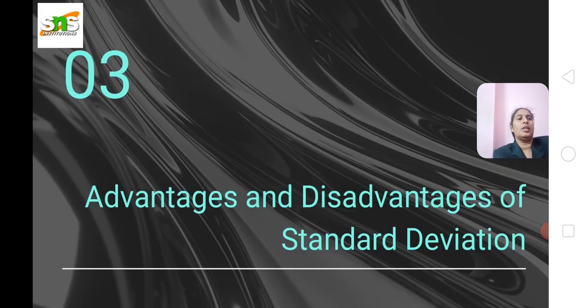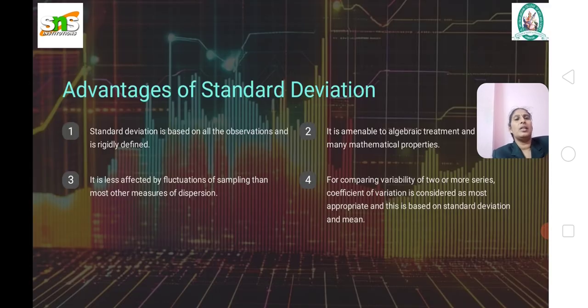Next, what are the advantages and disadvantages of the standard deviation? The advantages of the standard deviation are that it is based on all the observations and it is rigidly defined, it is amenable to algebraic treatment, and it is less affected by the fluctuation of sampling, and so on.